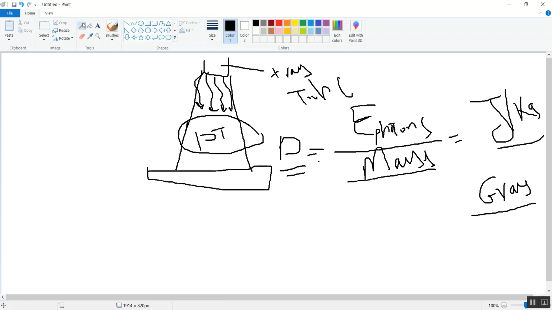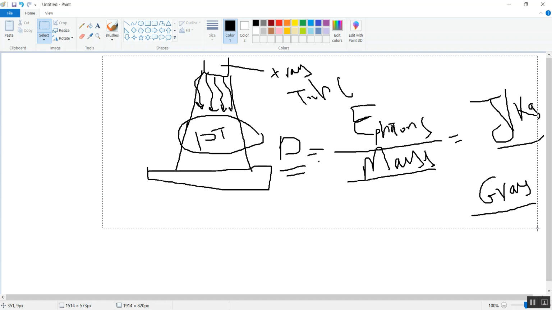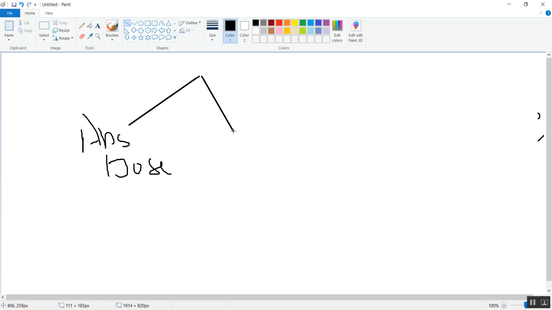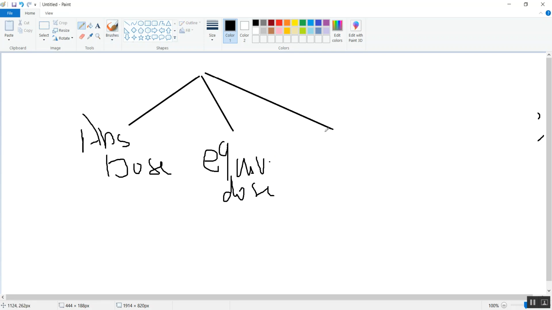So now if we talk about the dose, we have absorbed dose, and equivalent dose, and effective dose.